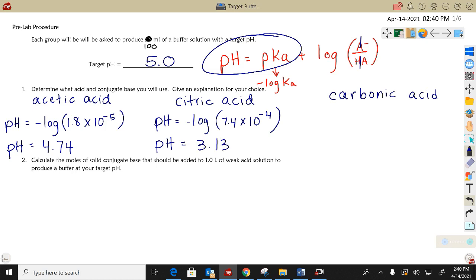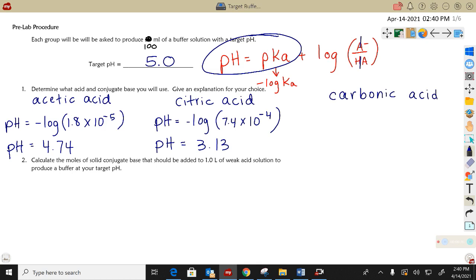Alrighty. And the last one, carbonic acid. If I look in the materials list, carbonic acid is going to be listed as seltzer water, or H2CO3. It's called a diprotic acid. It has 2 hydrogens. That's why in the acid dissociation table, you've got Ka1 and Ka2.